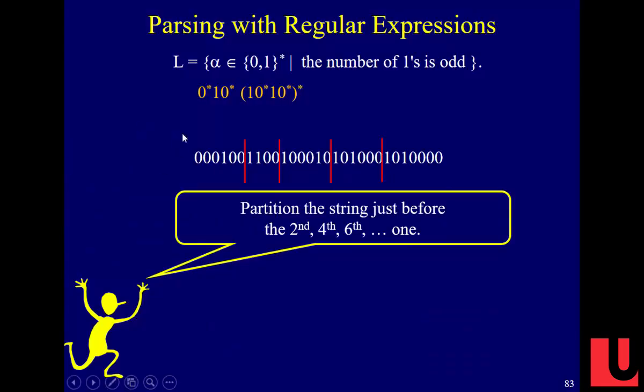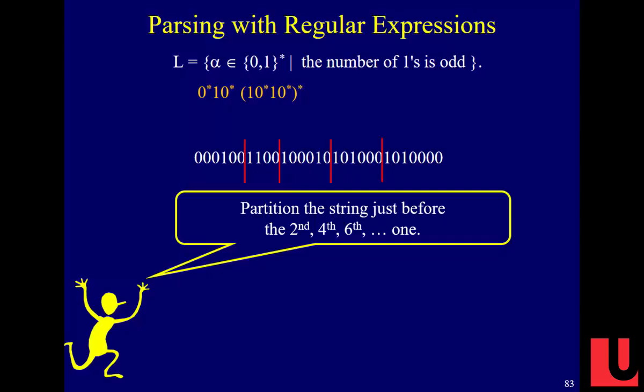Here, I'm going to take this string and cut it up. Anybody see my rule of how I cut it up? Where did I put the lines? The red line is always before a 1. And which ones?